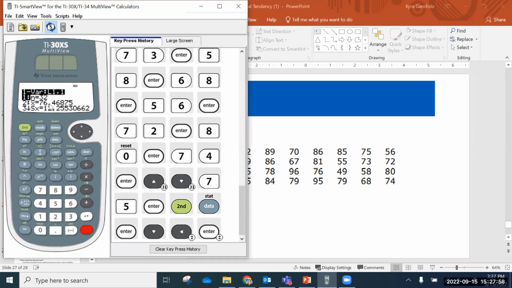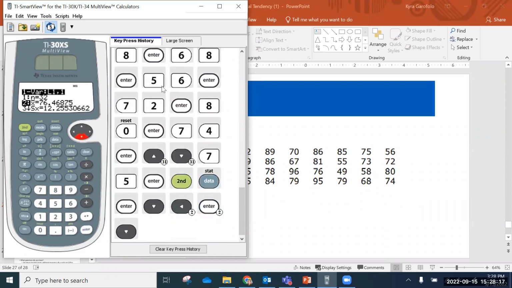Press calc. And it's going to give us tons and tons of information. You guys probably remember back from when we did the graphing, when we found the slope, there was tons and tons of information there too. This is one variable stats, not two, so pay close attention to that. But now we see n, we see x bar, we see our standard deviation, which we'll talk about in the next section.